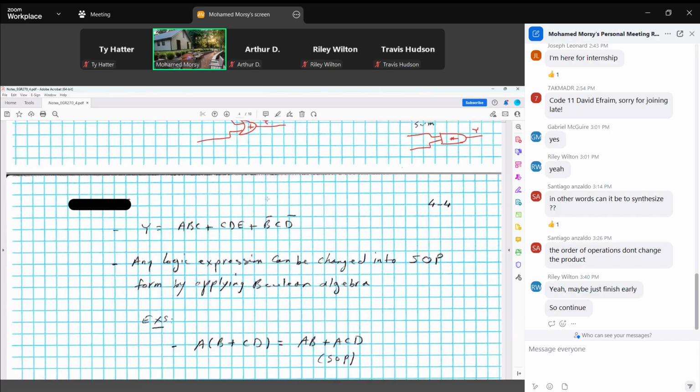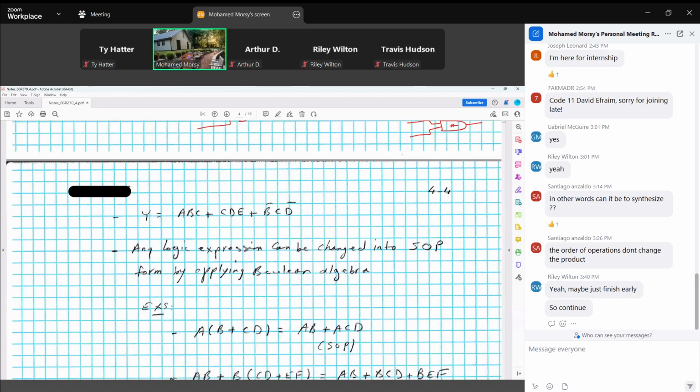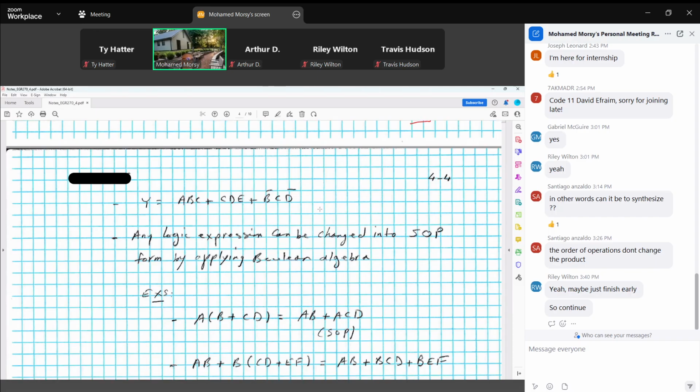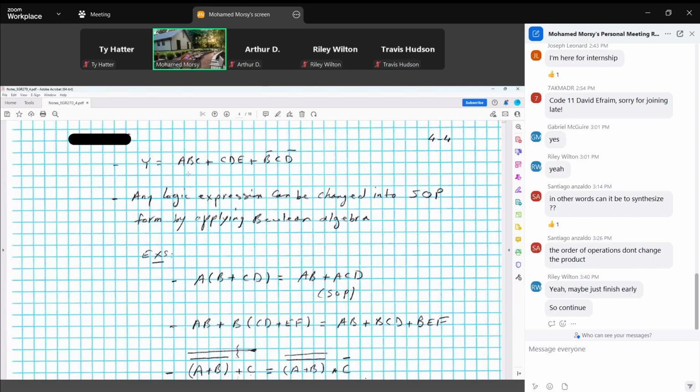So like this, Y equals ABC plus CDE plus, so we have product terms here and then the sum of the product terms. Here we have an OR gate at the output with 3 inputs.